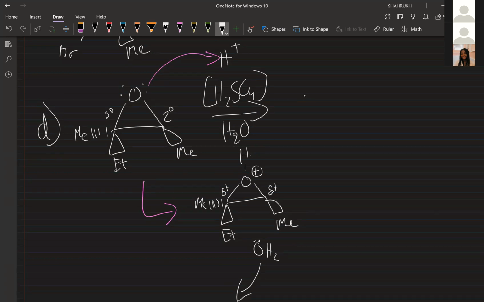But what stabilizes the partial positive center better, and essentially makes it a better electrophilic position, will be the tertiary position, because you have 1, 2, and 3 R groups donating electron density into that carbon, which will make that partially positive carbon more stable. Because remember the stability of carbocations goes down as we decrease R groups.